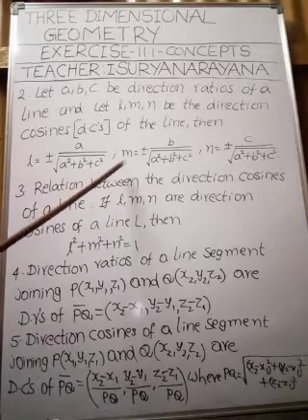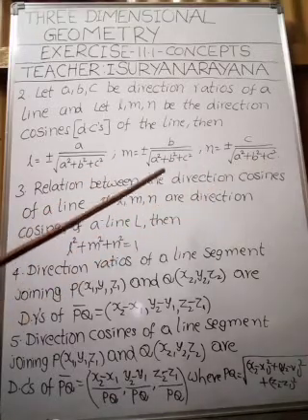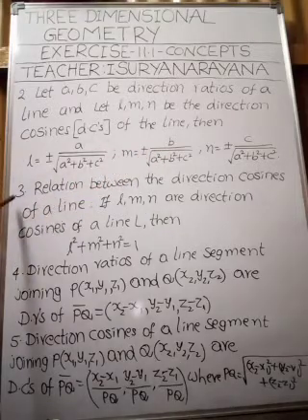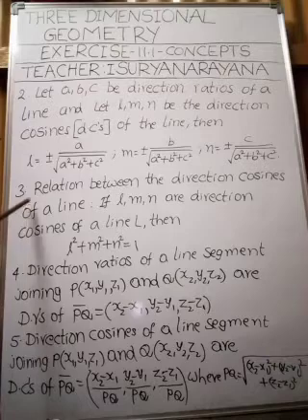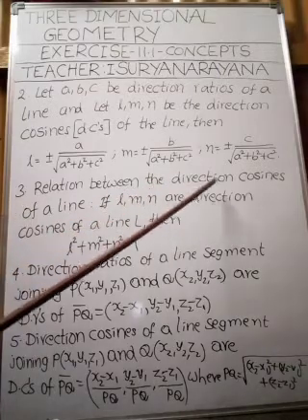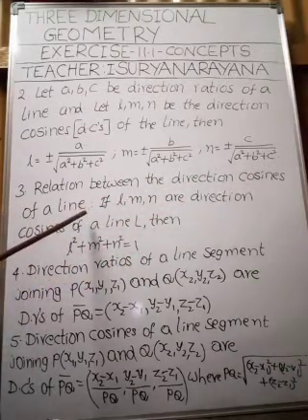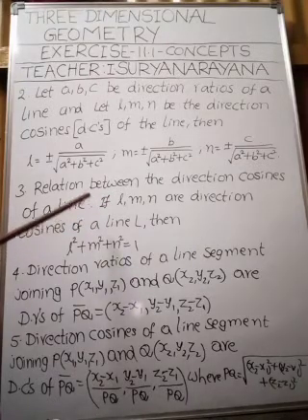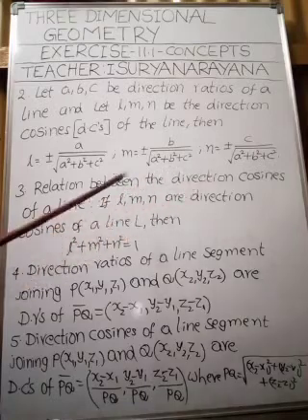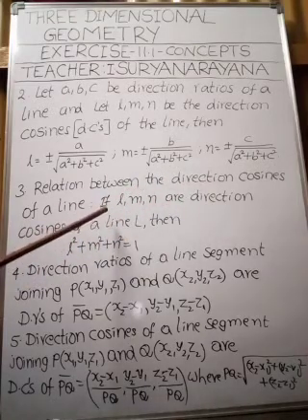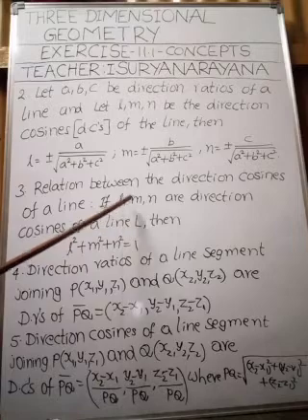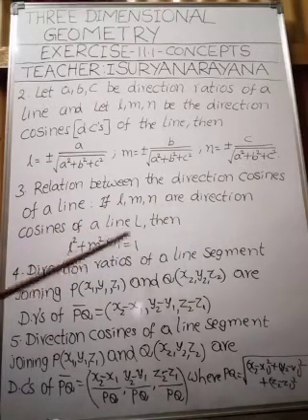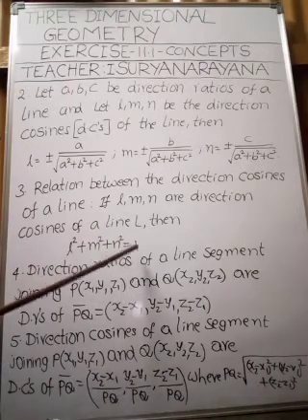Remember these points as a formula. Memorize these points as a formula. Now come to the third point, relation between the direction cosines of a line. If L, M, N are direction cosines of a line, then L square plus M square plus N square is equal to 1.